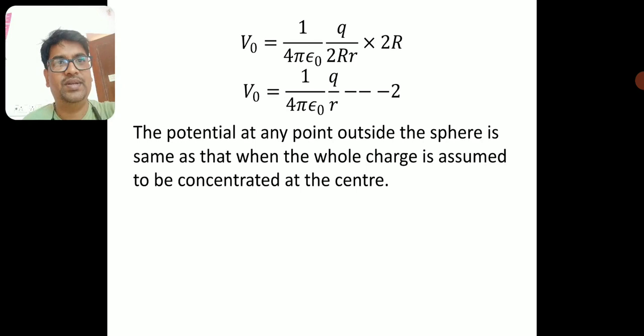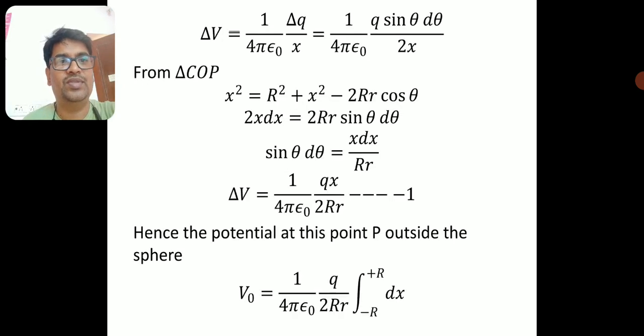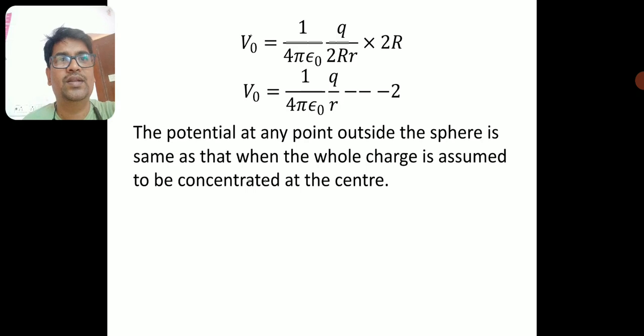Now the 2 will get cancelled. The potential V naught is equal to 1 over 4 pi epsilon naught Q by R, that is equation number 2. So I got the potential at some point P due to the charge on the sphere.